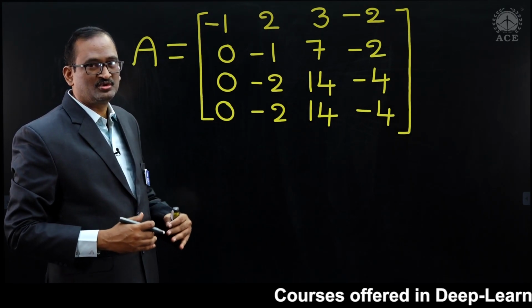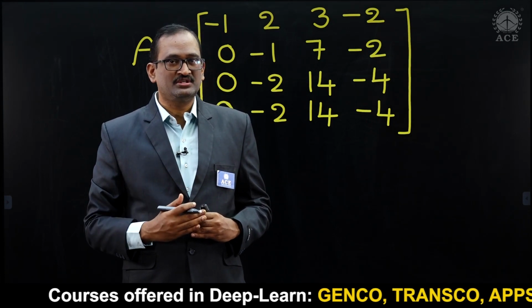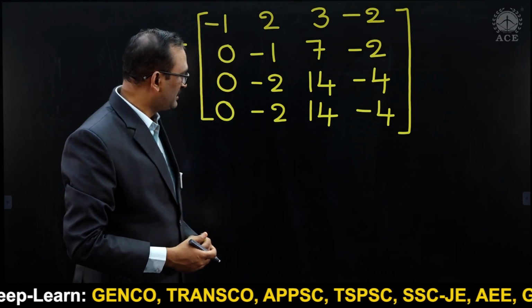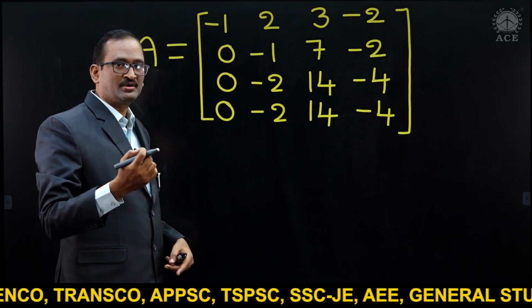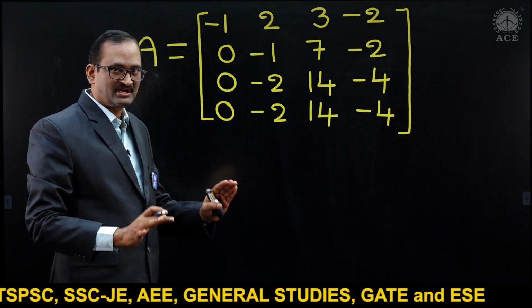Therefore, third and fourth rows are linearly dependent upon the second row, whereas second row is an independent row, and first row is also an independent row. So, number of independent rows is 2. So, therefore, rank of a matrix is 2. Directly we can answer like this.